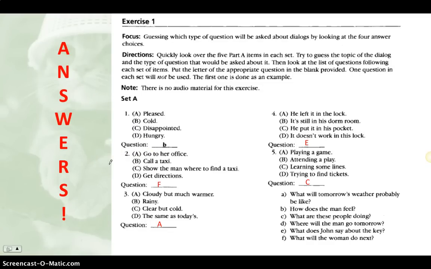Number 3, these all refer to weather. So probably the question has something to do with the weather. Number 4, these each talk about the location of something. So you would want to think about a question that talks about where something is, possibly. And number 5, each of these are actions that are in progress, as we see with the ing form of the verb.